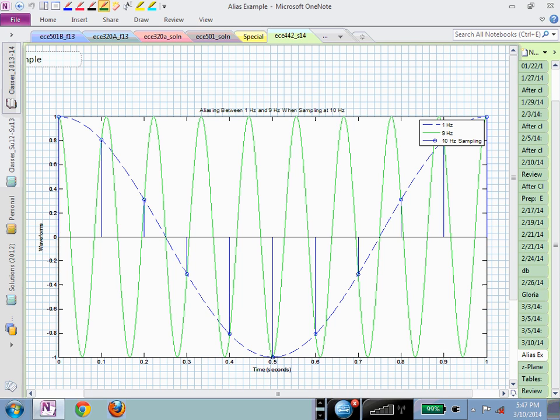Anything higher than that is going to be aliased to some frequency between 0 and 5. This illustrates how a 9 hertz actually looks just like a 1 hertz. This is just one illustration or one example. But that's what I mean by the Nyquist and aliasing.